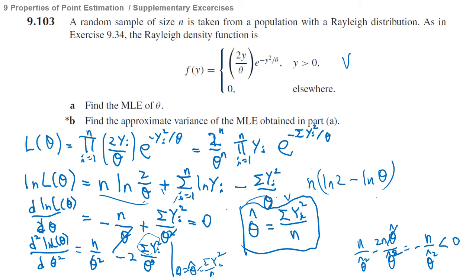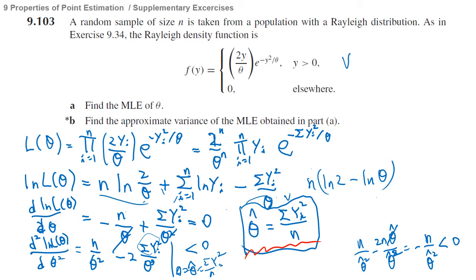Because theta hat square is larger than 0, n is larger than 0, so minus positive is negative. So we can confirm that this is negative, so we can conclude that this is our MLE.